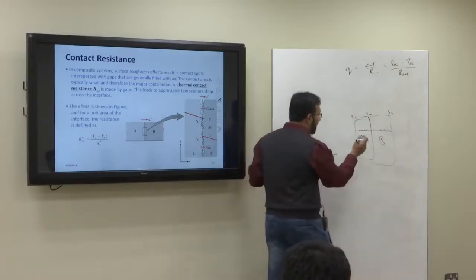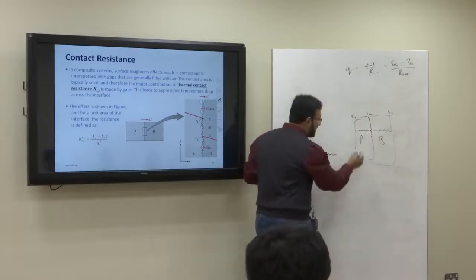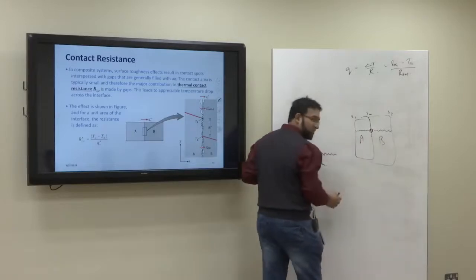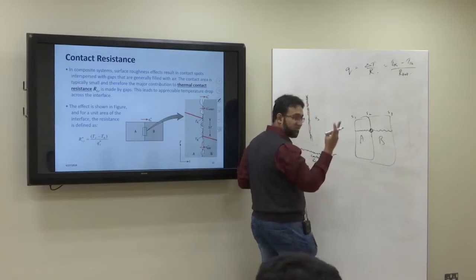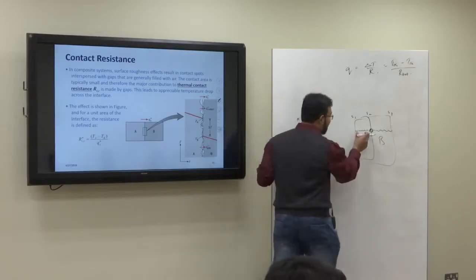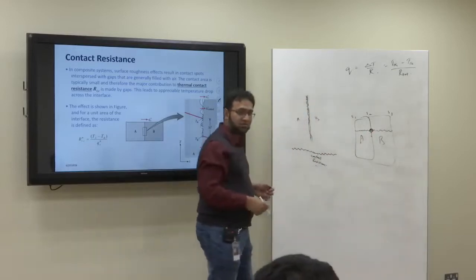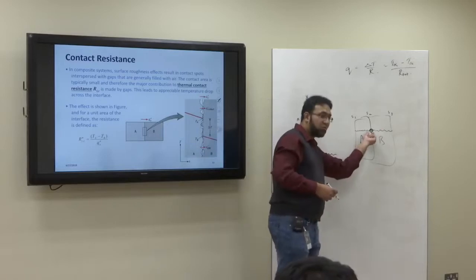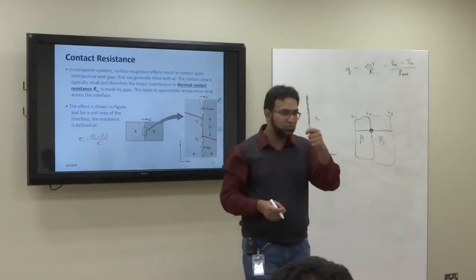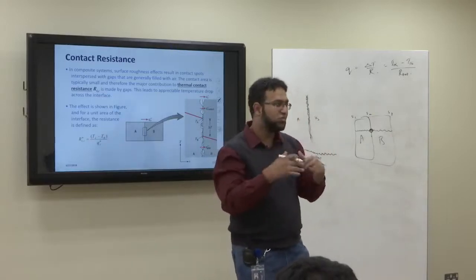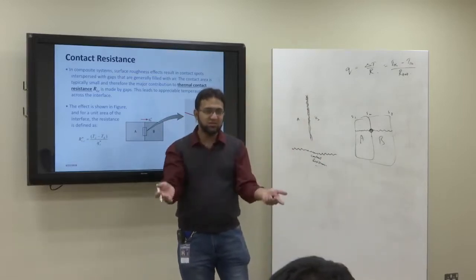But we neglect one thing: in between there could be air pockets, and this provides another resistance. So now it's not just two resistances. There are three resistances in series now. What is this resistance? Maybe you put a filler material in between in order to remove the air, so the resistance is reduced, but it has some resistance. Very little, but still.